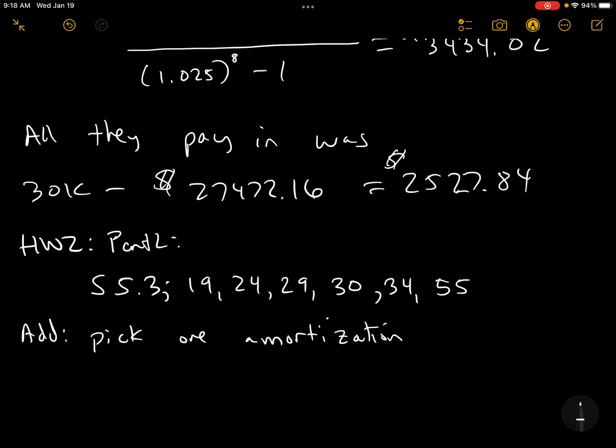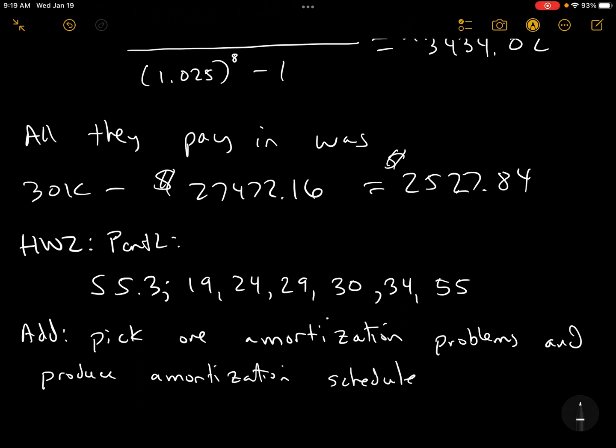So there's, I think, 3 amortization and 3 sinking, or 4 and 2, I'm not sure. So pick one of the amortization problems and produce, after you answer it, one of the amortization schedules, just to get practice doing it. And I'll have a few more examples when I meet up with you in a minute.